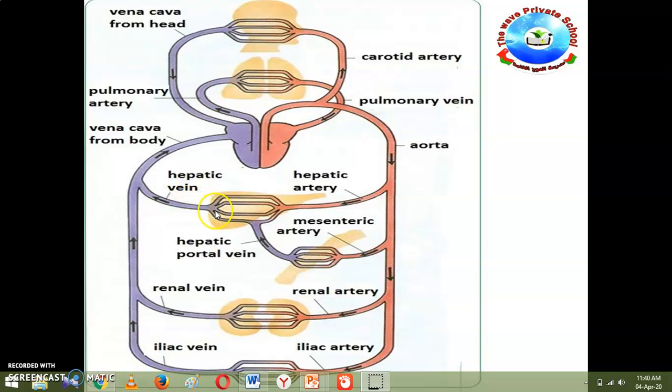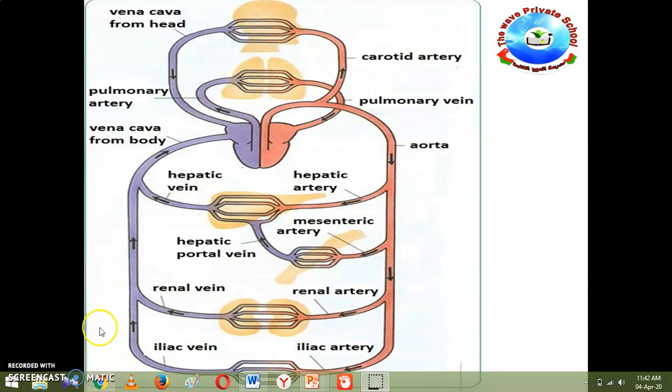Is that clear? Okay. And for the abdominal part, this is the mesenteric artery bringing oxygenated blood to the intestine, and then the hepatic portal vein is taking away the deoxygenated blood. And finally, for the kidneys, the renal artery is bringing the blood, and taking the blood away from the kidneys is the renal vein.